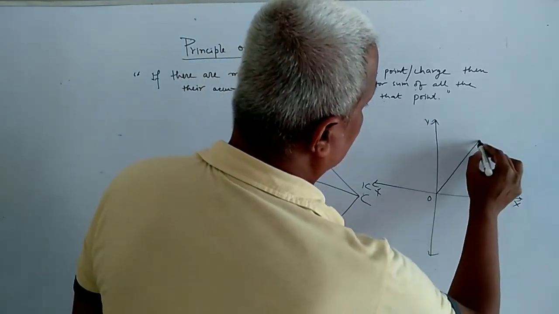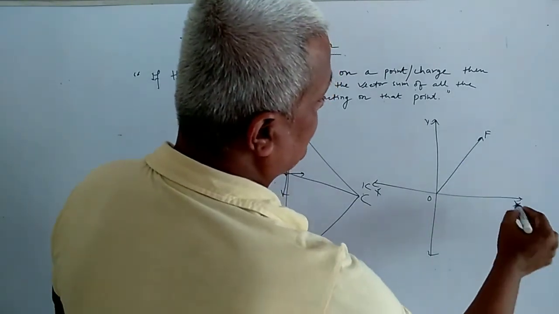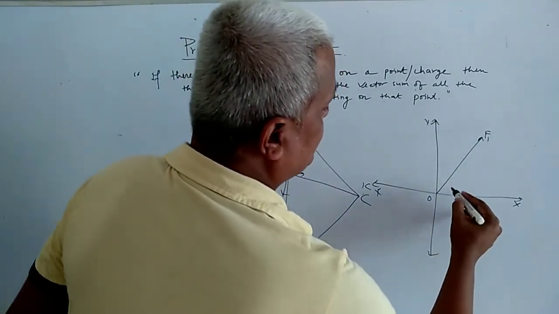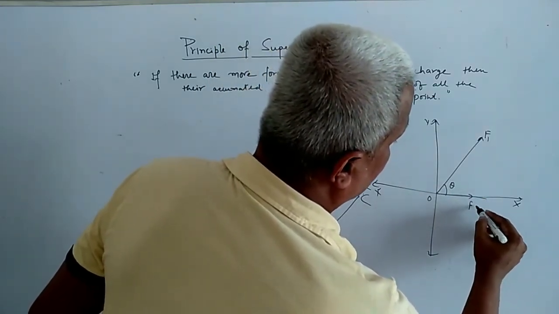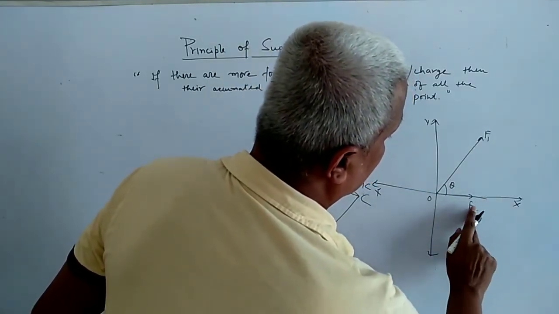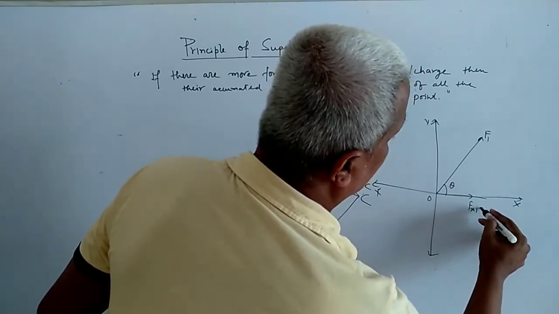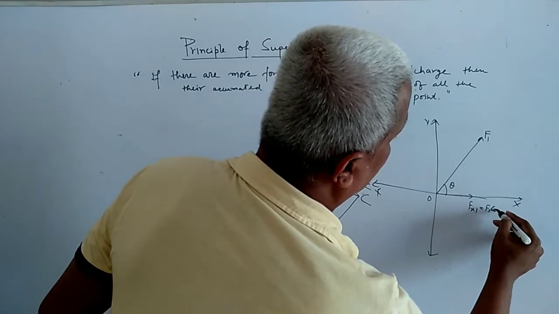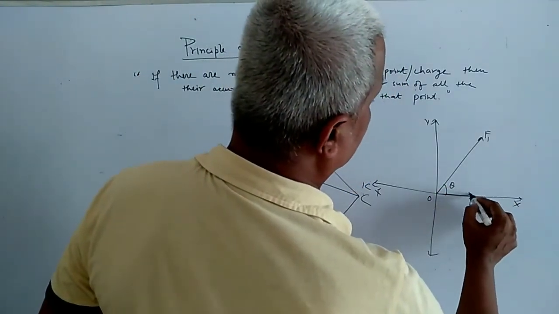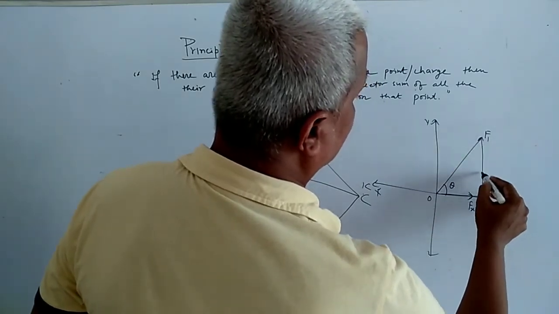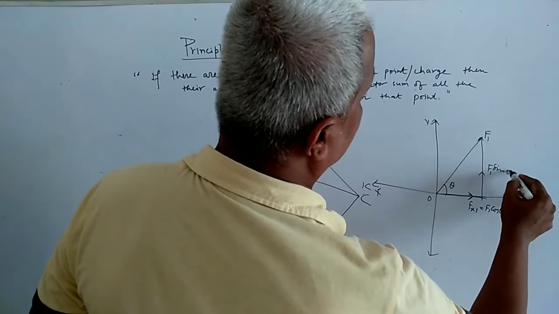Suppose you have a force here, F, which I call F1. It is inclined at an angle theta, so its horizontal component Fx1 will be F1 cos theta, acting along this direction, and its vertical component will be F1 sine theta.